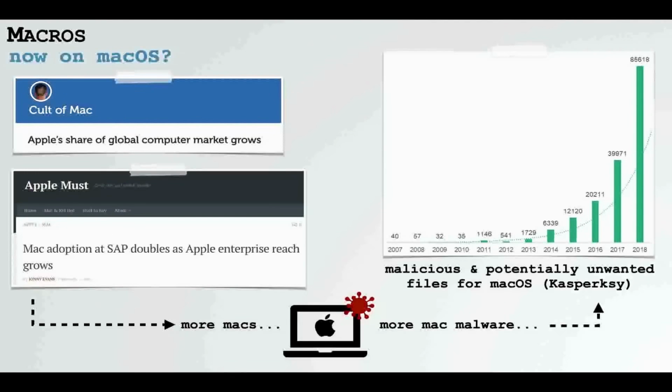And then Windows computers, especially in the past, were far more prevalent, especially in the enterprise. Now, this is definitely changing. We're seeing a lot more Macs, especially in the startup scene and also in the enterprise as well. So in short, there are more Macs, and a lot of them are running these Microsoft Office products, which means there's just more targets for hackers.